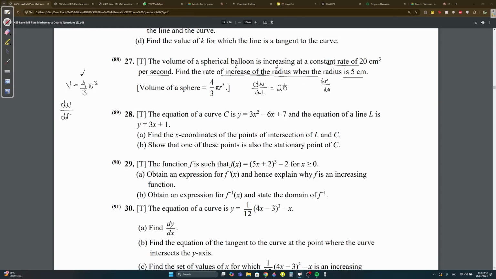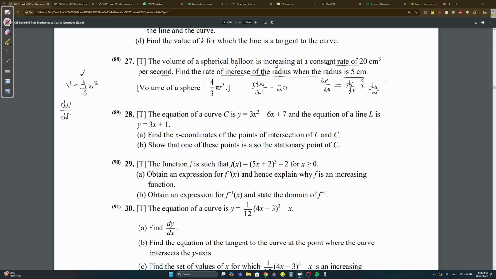Okay, so we have dr/dt, we have dV/dt, we can find dV/dr, and we want dr/dt. Let's rewrite this. We have dV/dt. Let's multiply it by dV/dr. We want to cancel in a way to get dr/dt as our answer. If you multiply like this, you're going to get dV squared.